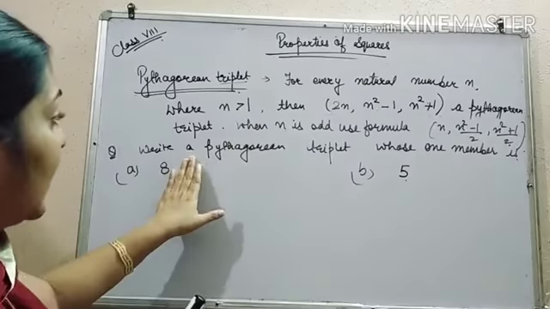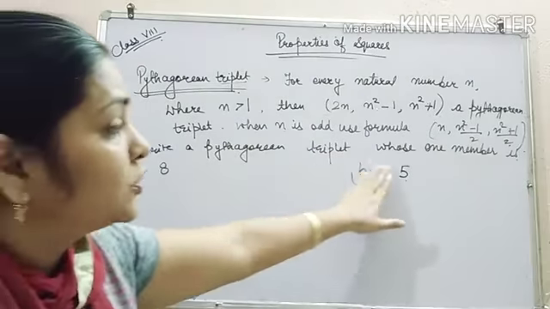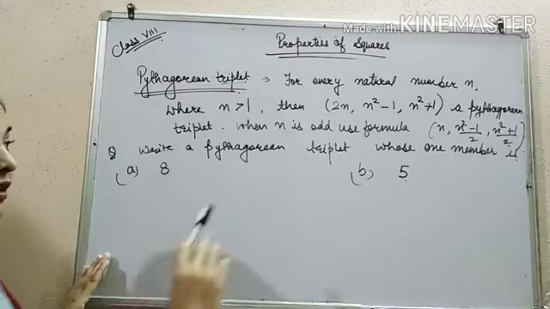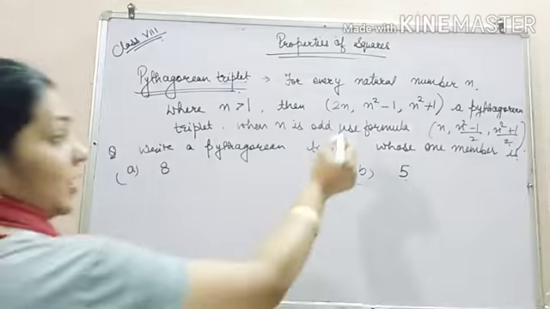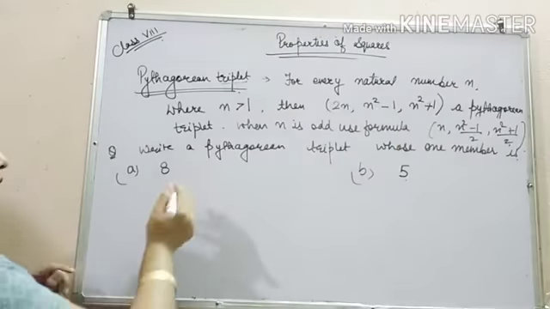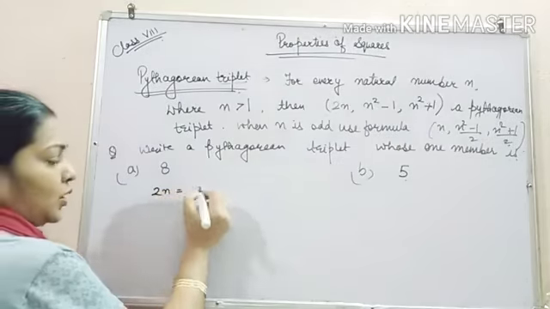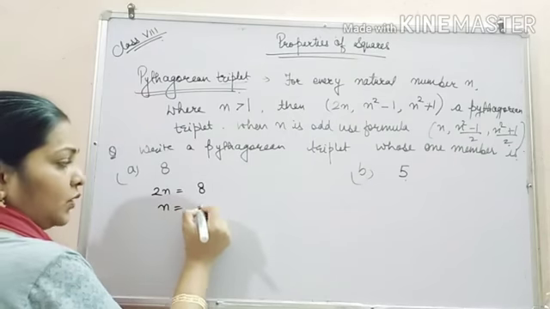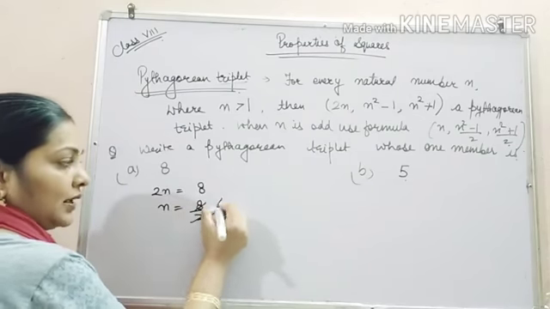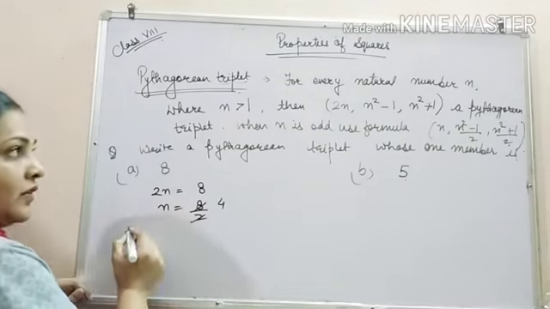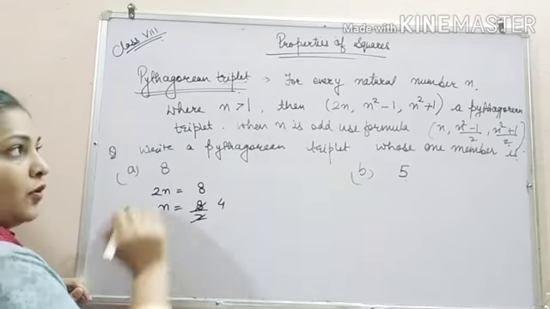Now what is given? Write a Pythagorean triplet whose one member is 8 in first case. One member is 8. Whenever one member is given, you can choose that 2n is equal to 8. n will be equal to 8 by 2, that is 4. Substitute the values in the formula.